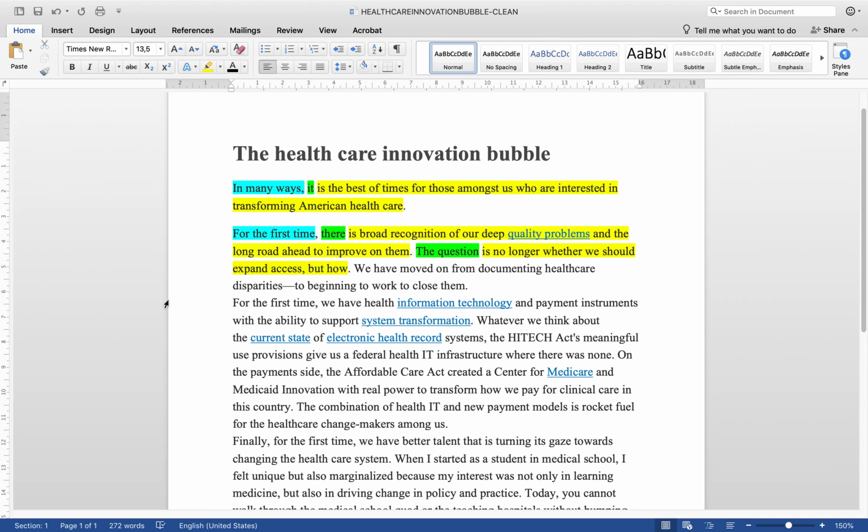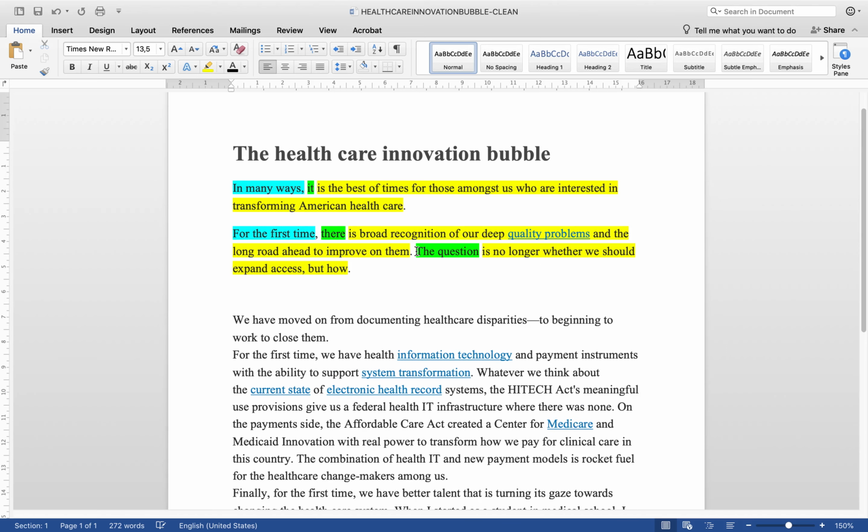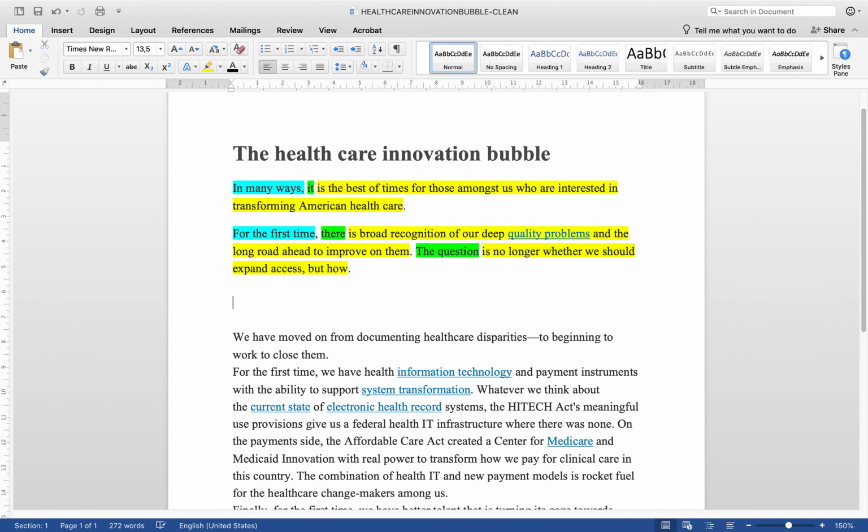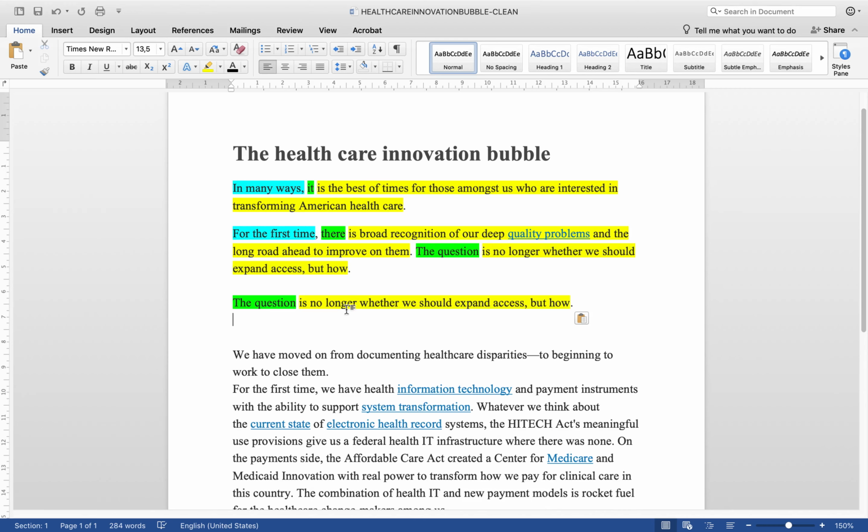Whatever is at the end of the sentence remains in your reader's mind. So the words that you stop your sentence with are leading to the next sentence. If this had been a different sentence, like, let me copy it here for you guys and paste it: "The question is no longer whether we should expand access, but how."